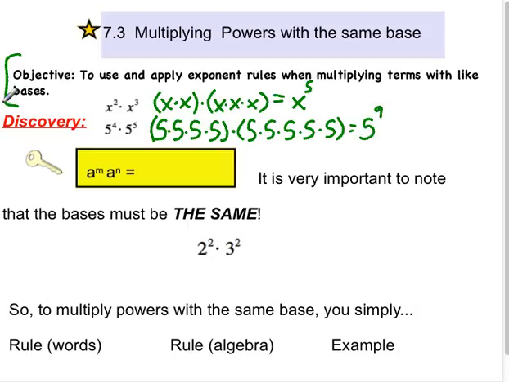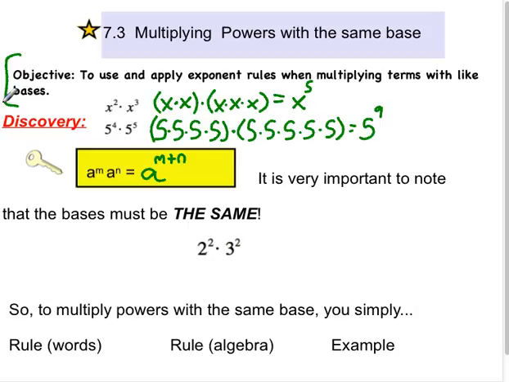So now also think about the relationship between the 4 and the 5 that gave us 9. I'm hoping that you're recalling the rule that when you're multiplying things with like bases, all you're really doing is adding those exponents together.